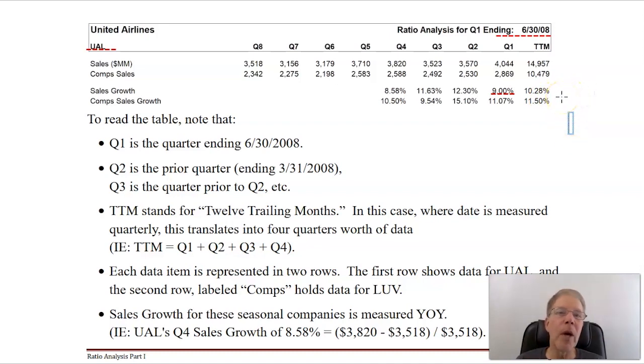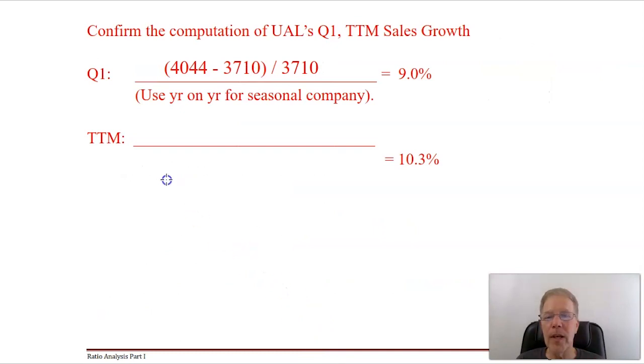Let's see if we can get this TTM sales growth for UAL of 10.28%. So again, we want new minus old quantity divided by old, but now we're talking years. The good news is I have the last 4 quarters of sales here for UAL, so I don't have to add these 4 up, which is a good thing because I might make a mistake. So I have 14,957, so let's put that in.